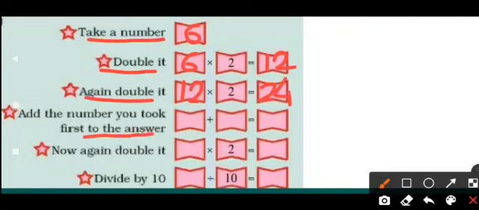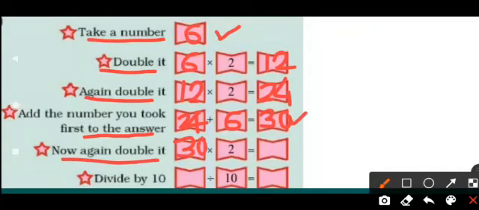Okay, here we have to take first 24. Then we have to add the 6 that we took previously. So 24 plus 6 is 30. Then now again double it. Which number do we have to double? This 30, which we got at this step.